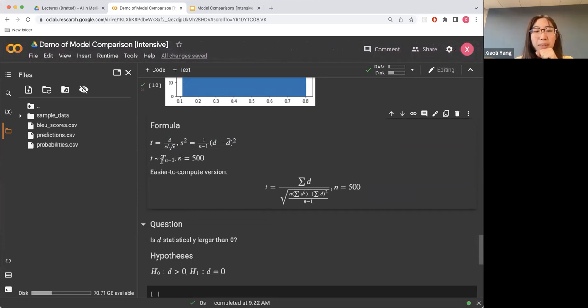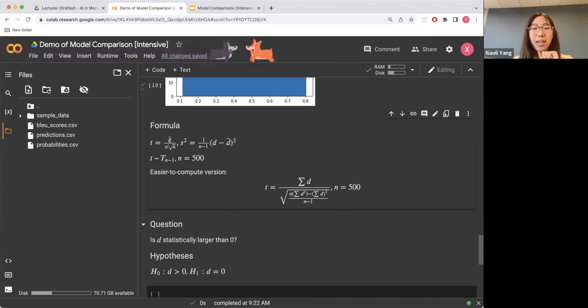And it is claimed that when the difference D is normally distributed, T follows a T distribution with degrees of freedom of n-1, where n here equals 500. So the gist of this is that, as long as we can make this T statistic eventually approximately follow the T distribution, then we're fine. Can we do that?